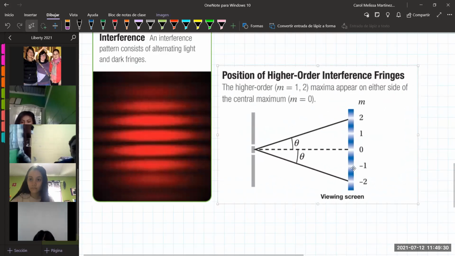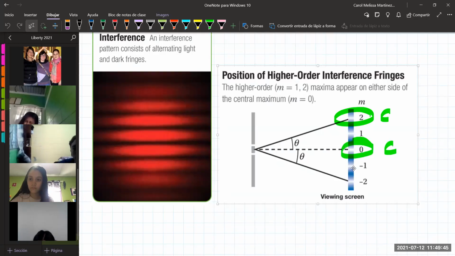The bright side represents constructive interference. Constructive. And the dark spot is in between. Here, also here.